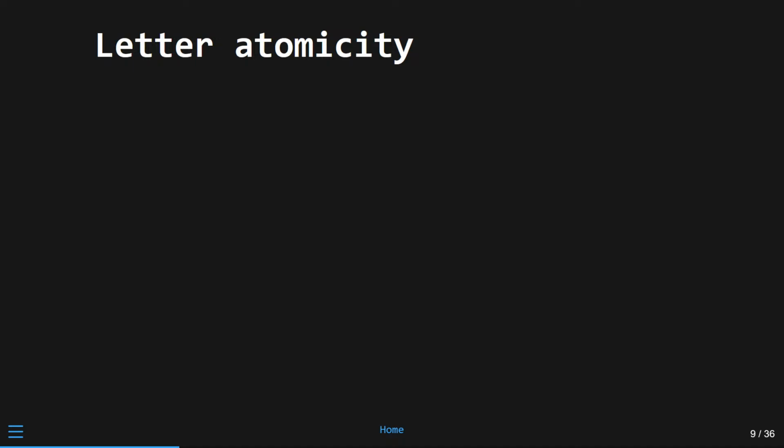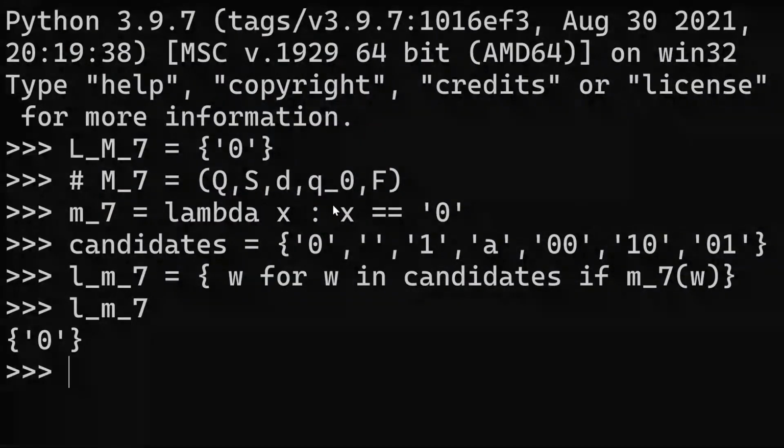So we don't have to think of a finite automaton as a function, but we can think of it that way. So I can create something, and we can call it perhaps M7. I selected 7 arbitrarily. It can be anything. It could be MN. It can be just M. Doesn't matter.